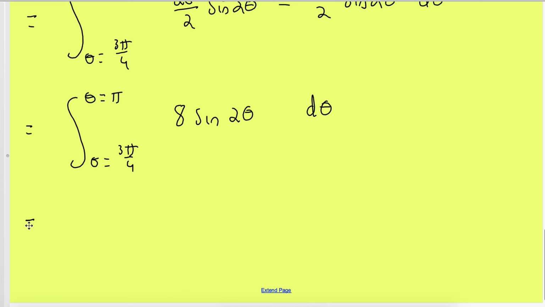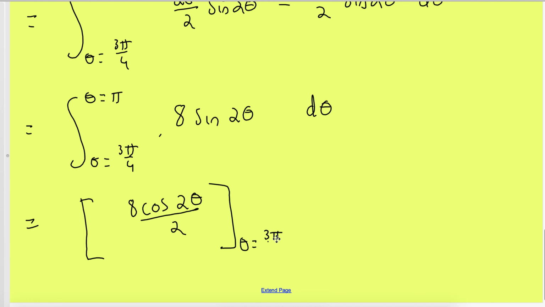Just type that into the calculator. It'll do it for you. There's no need to do it in your head. Right, 8 sine 2 theta. When you integrate sine, it becomes cos. That's going to be 8 cos 2 theta divided by 2 between theta equals 3 pi by 4 and theta equals pi.